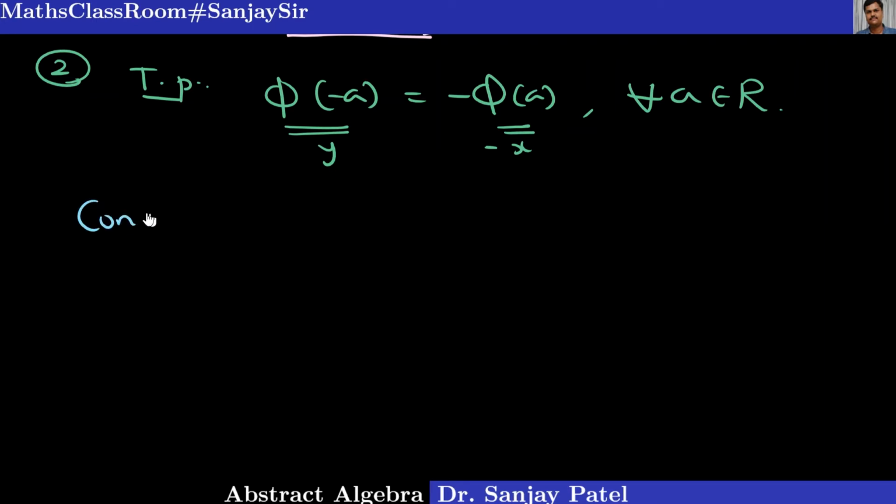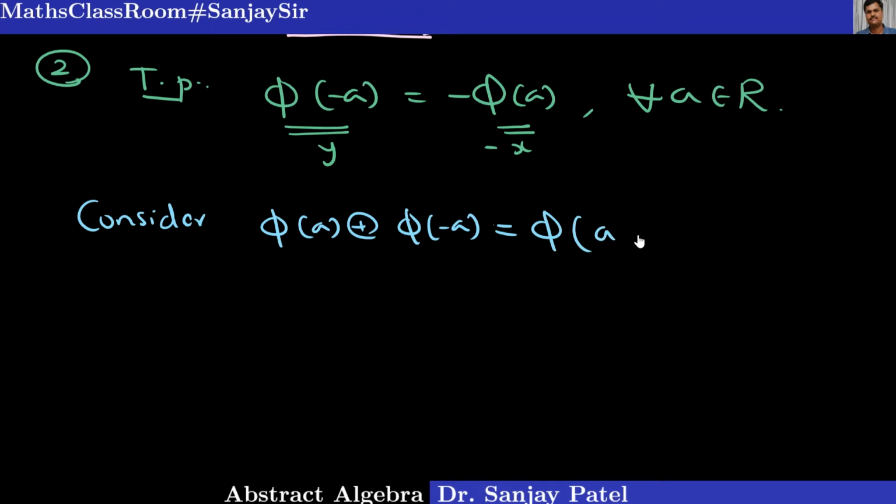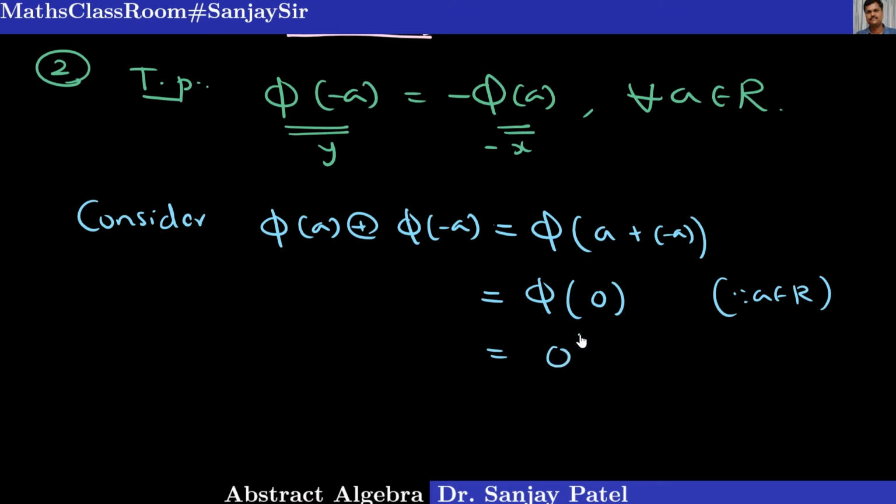So I consider phi of a plus circle phi of minus a. This is equal to phi of a plus minus a, because phi is a homomorphism. So phi of x plus phi of y is equal to phi of x plus y. This we can write as phi of 0, because this a belongs to R. If you add a and its negative, then you get the 0 element of the ring R. But phi of 0 is equal to 0 dash is already proved in our first result.